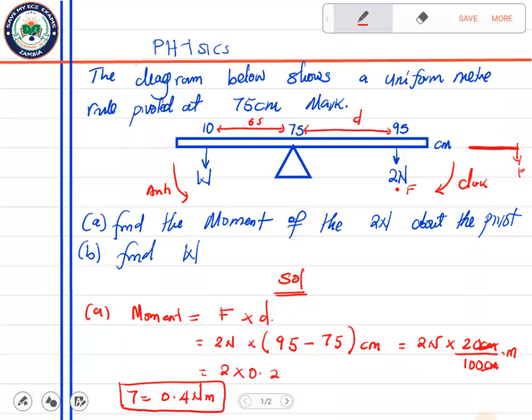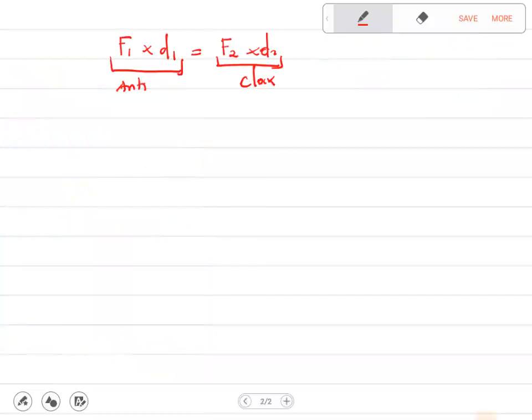So let's go. Our F1 is just W. Our D1, remember, is 65. Now, whenever something is balanced, there's no need of converting distance into meters because it's balanced. So W multiplied by 65 centimeters equals force 2, which is 2 newtons, multiplied by 20.